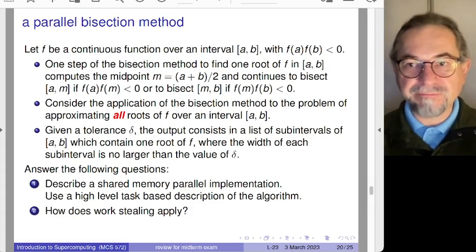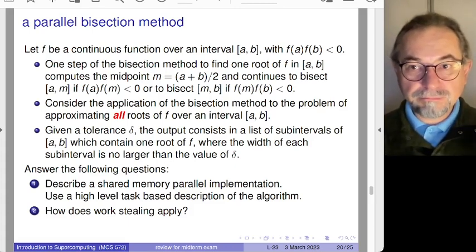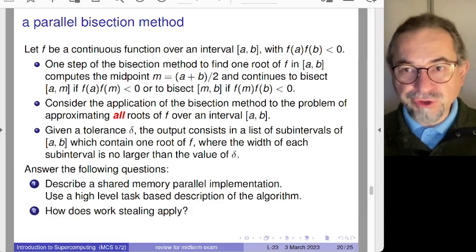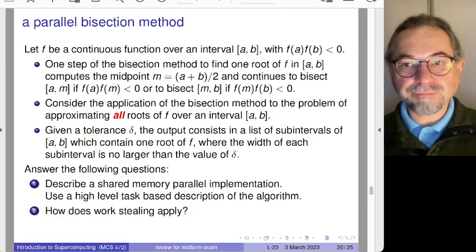In the course we have seen the tasks with the parallel, recursive generation of tasks, and actually here this would apply.